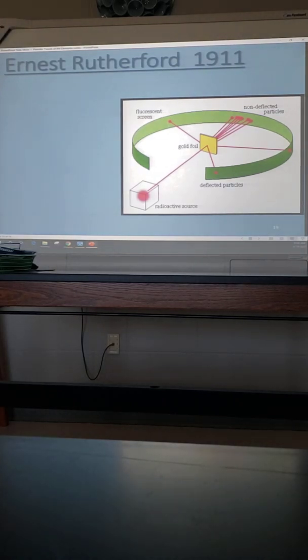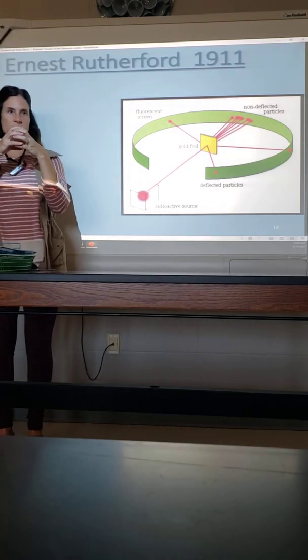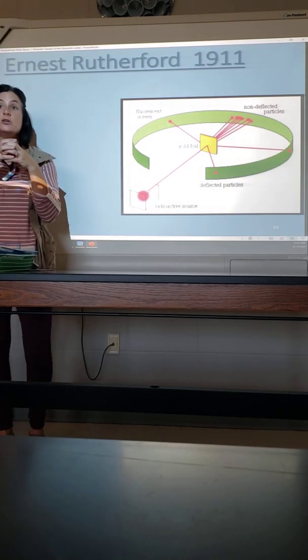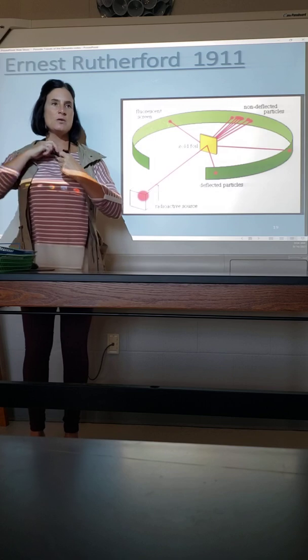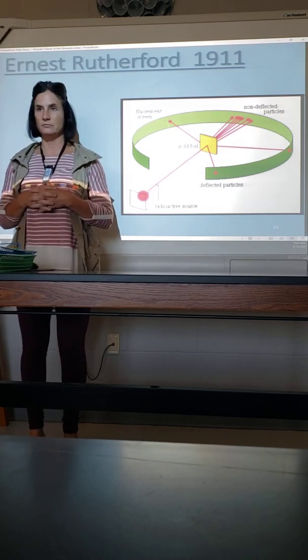Yesterday we had a few takeaways, some important things just to recap. We had the idea that the center of the atom, the nucleus, is where almost all of the mass of the entire atom is found, right?